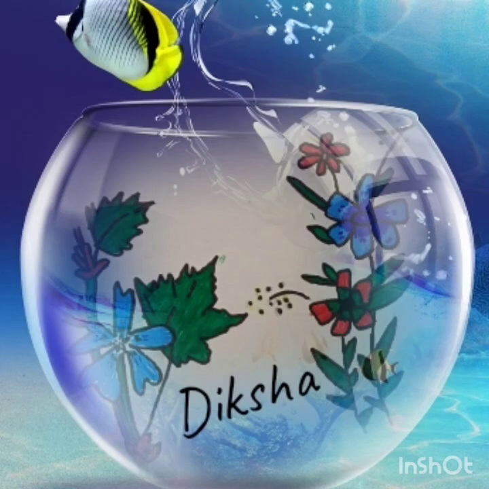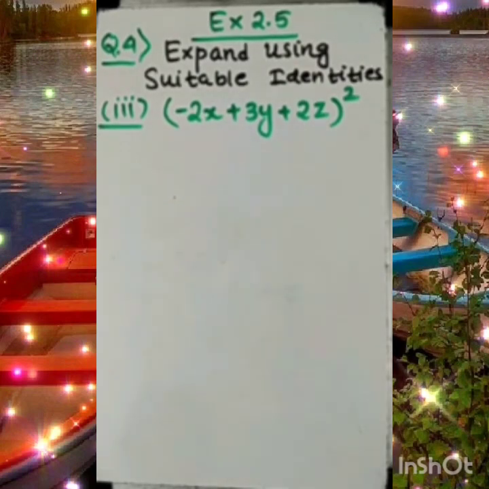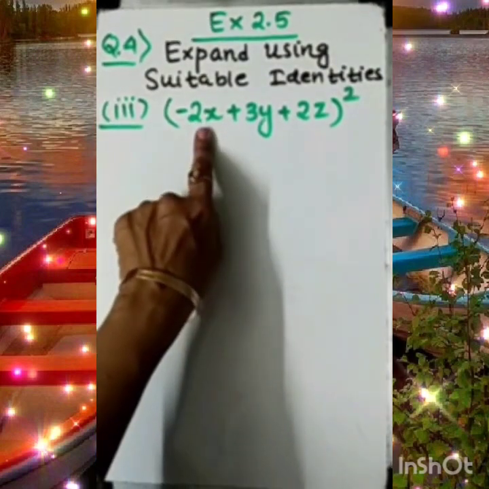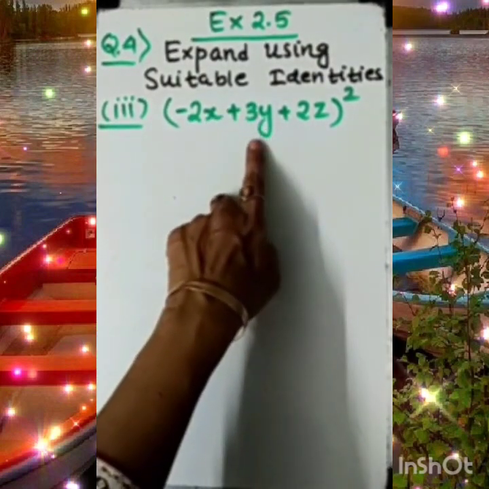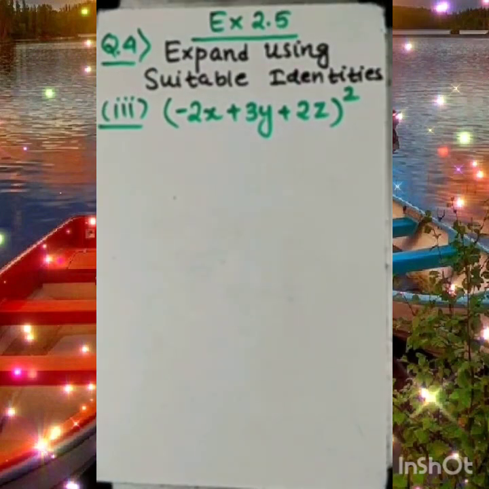So my dear student, here the third part of question 4 is in front of you. Let me read the question. The question is (−2x + 3y + 2z) whole square. Again, you can see here we are having three terms. First term −2x, second term 3y, and of course the third term is 2z.